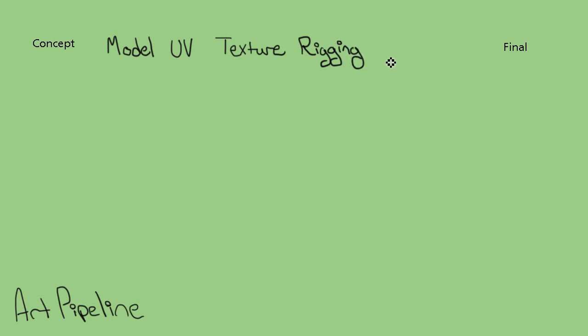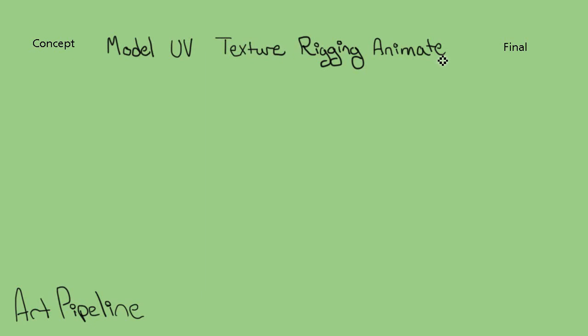And the entire purpose of rigging is so we can animate. So that must be the art pipeline, right? Well, yes, that can be an art pipeline, but it's really inefficient.